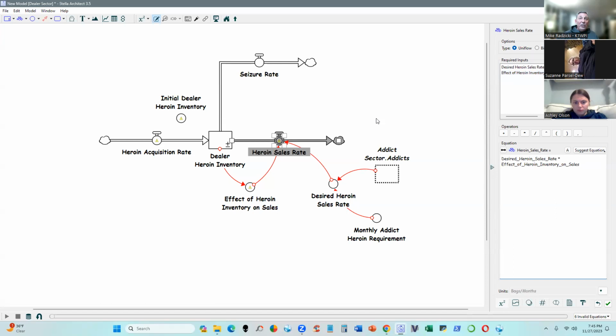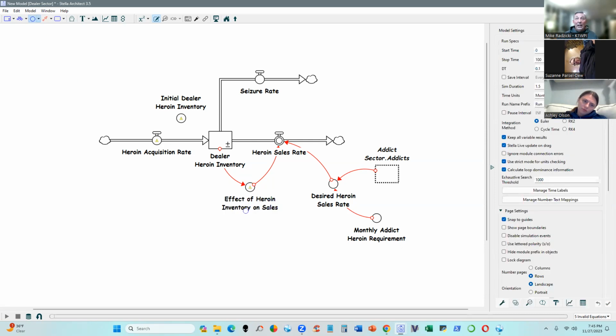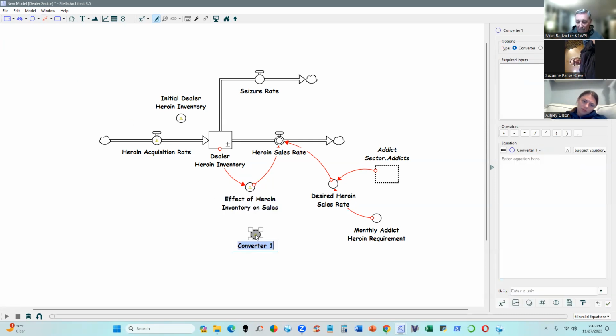Okay. So the question then becomes, how do you determine this? Table functions always have a ratio on the x-axis.